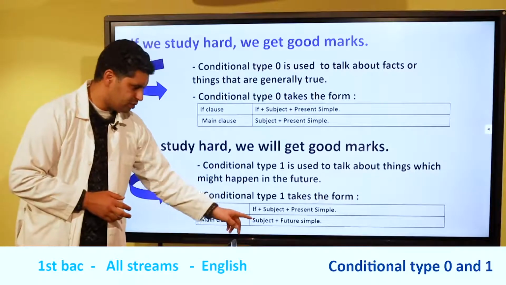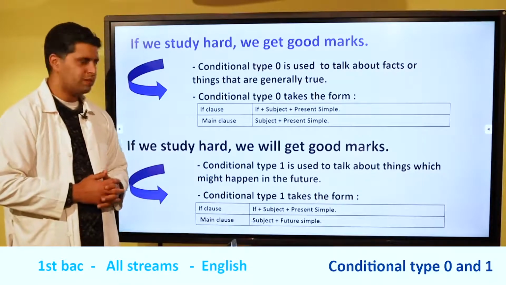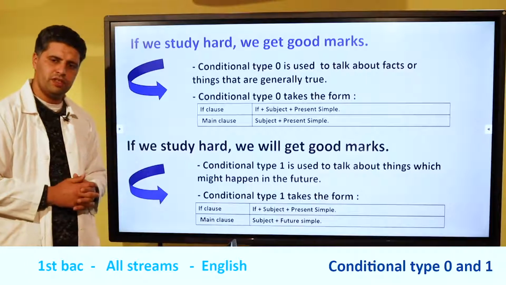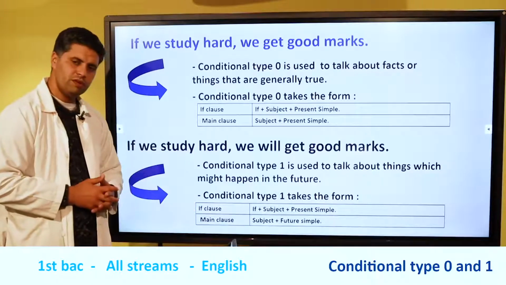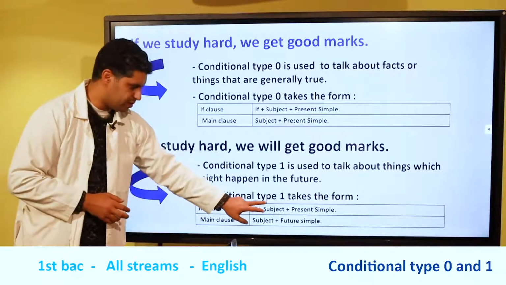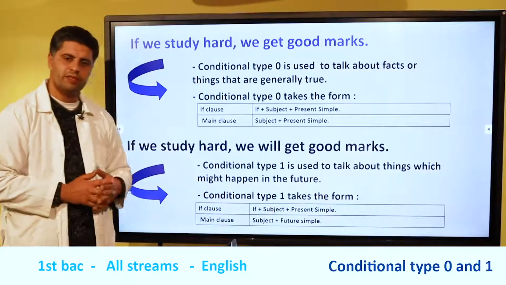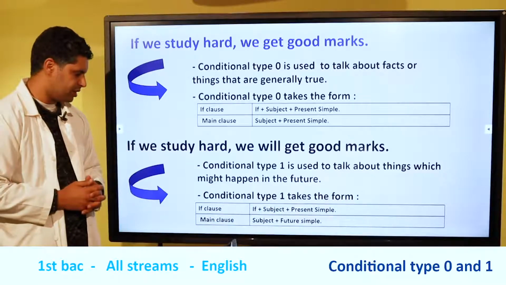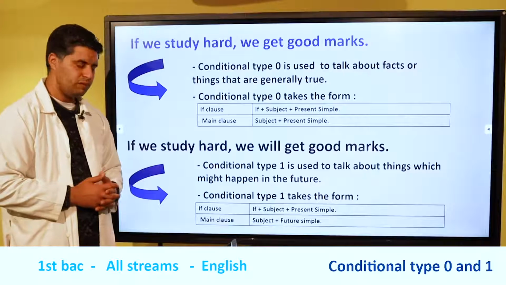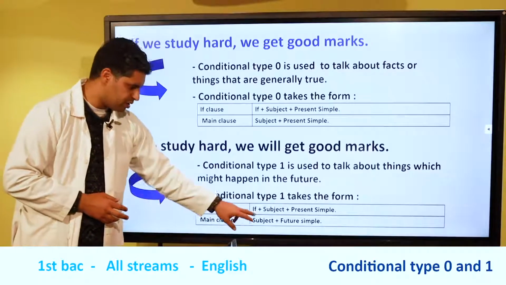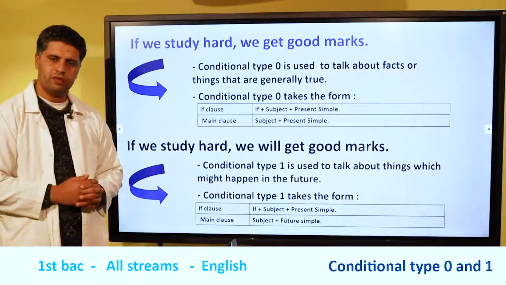Here, as you can see, we have the future simple, but here we have the present simple. So the if clause consists of a conjunction plus a subject plus the present simple, as you can see. And here we have the main clause that consists of a subject plus the future simple.